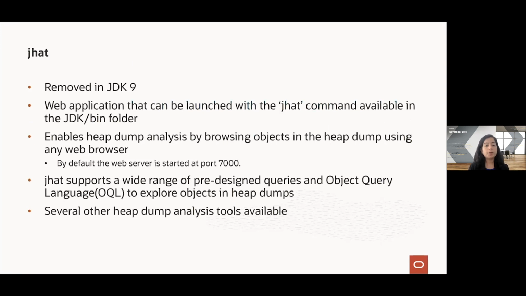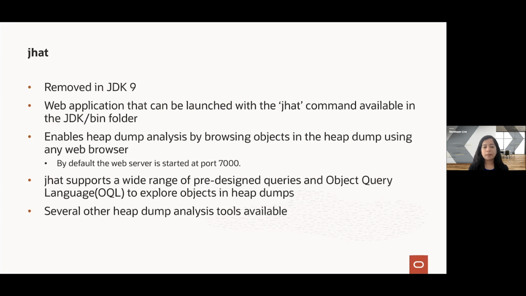JHAT was removed in Java 9, and it's basically a web application that can be launched with the JHAT tool available in the JDK bin folder, and it enables heap dump analysis. It allows us to browse objects in a heap dump using a web browser.